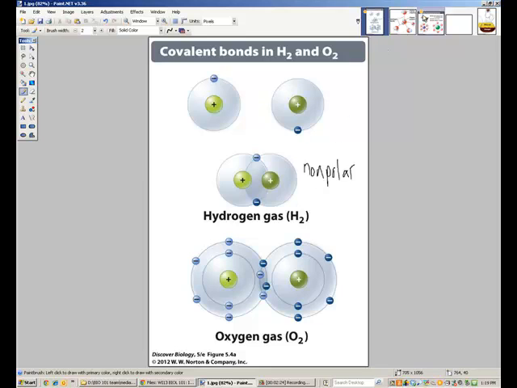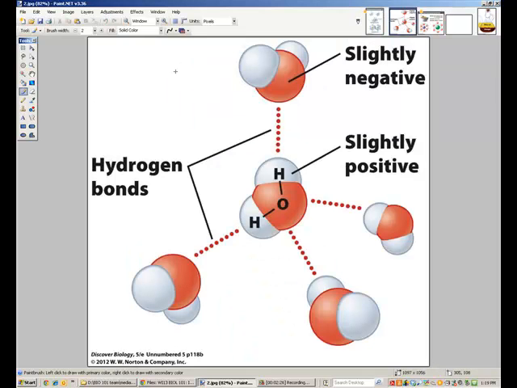That is different for a second type of covalent bond, and this is a polar covalent bond. And a good example of this is water, because we're going to be talking about water in just a moment. Here's your water molecule. You've got oxygen, and you have a hydrogen and another hydrogen. And usually when you write this molecule, you write it like that, right?